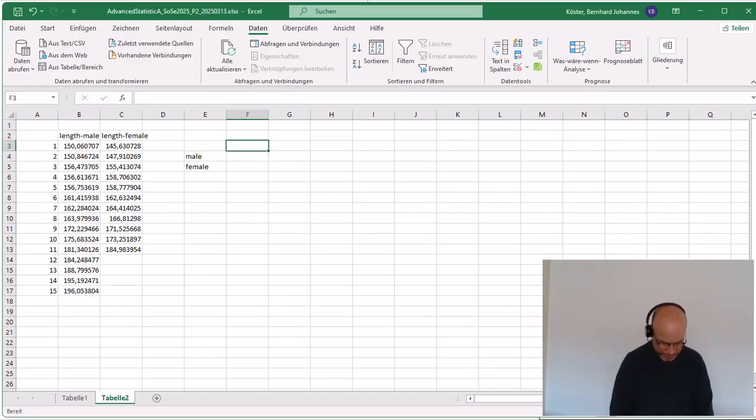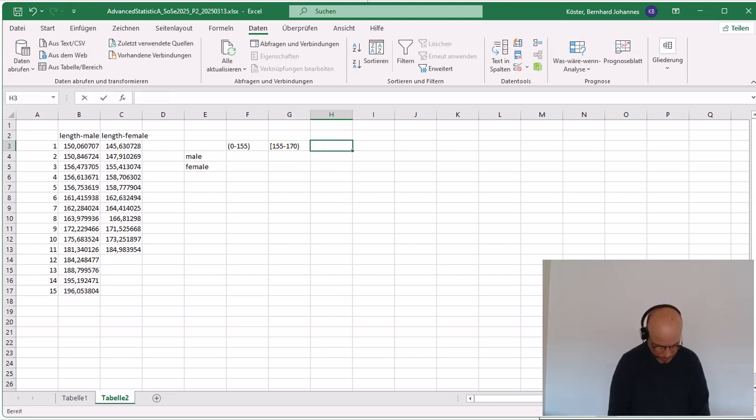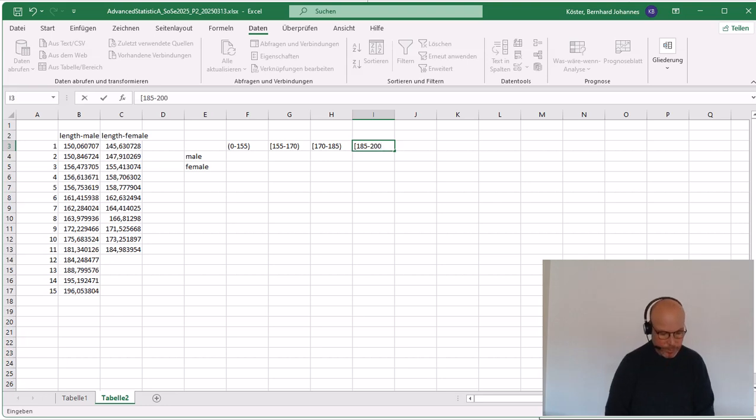So our length classes: 0 to 155, and I should also use these brackets, and then 155 to 170, 170 to 185, and the last one 185 to 200.